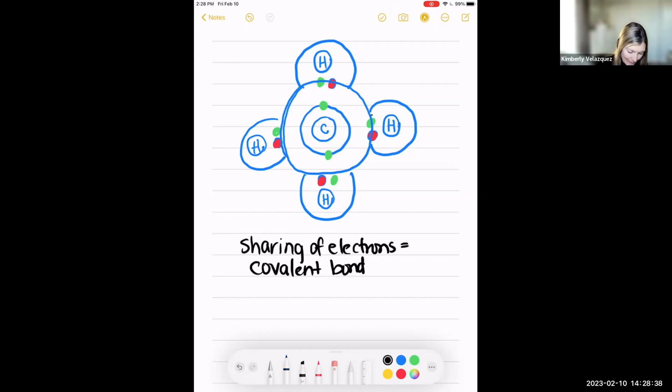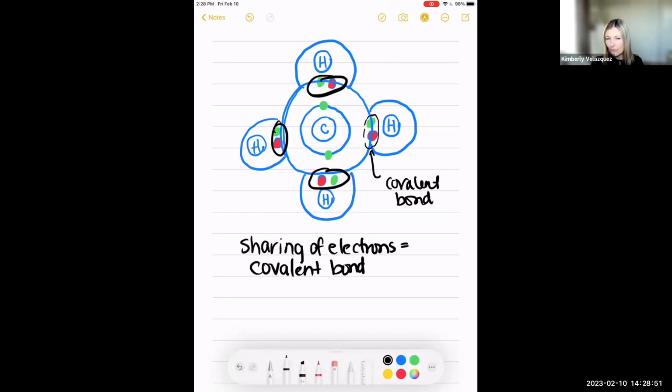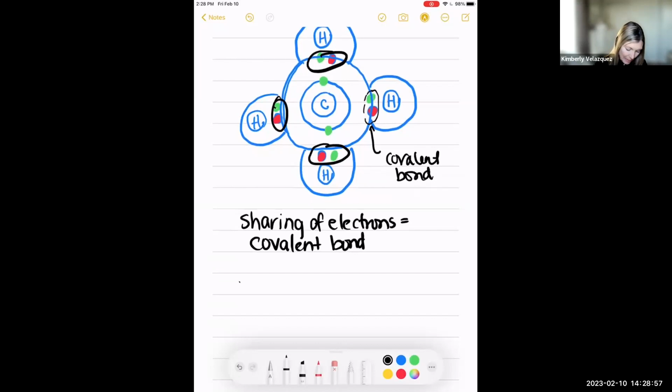This is a covalent bond, sharing one pair of electrons in that spot. This is a covalent bond, this is a covalent bond, this is a covalent bond. In this case, we would call that a single covalent bond because those atoms are sharing one pair of electrons.